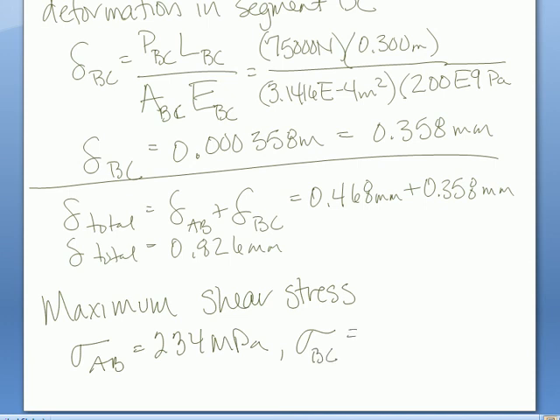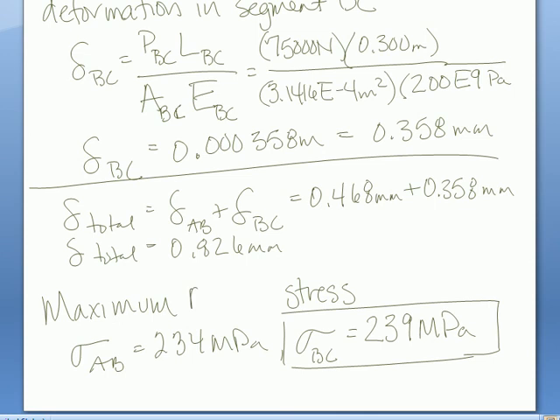The stress in segment BC is 239 megapascal, indicating that the maximum normal stress is in the smaller segment with 239 megapascals.